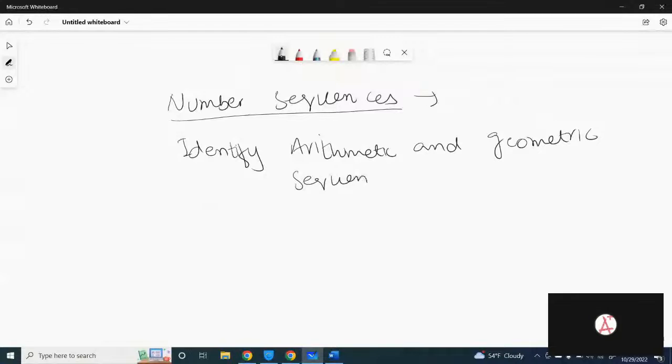So basically, first we are going to learn what is the arithmetic sequence and what is geometric sequence.